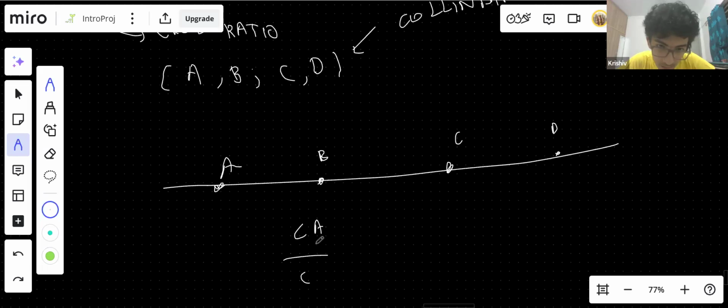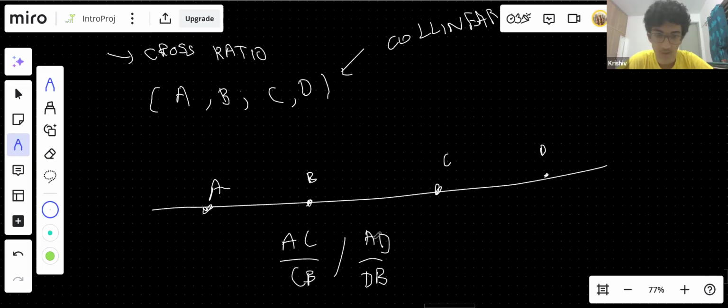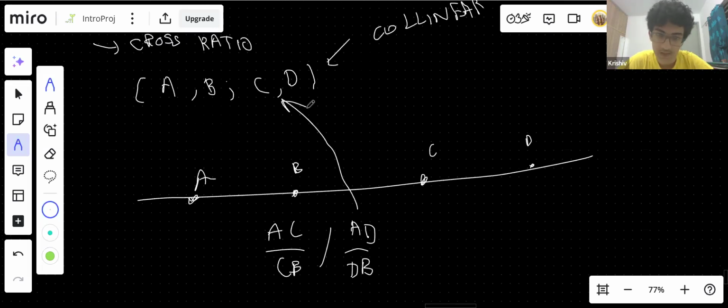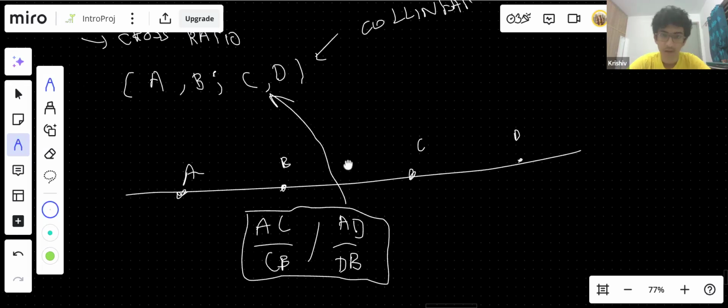Wait, let me write it a little more beautifully. AC over CB divided by AD over DB. This is what the cross ratio is. When I say AB semicolon CD, this quantity is what I'm referring to. This is a very, very important thing.